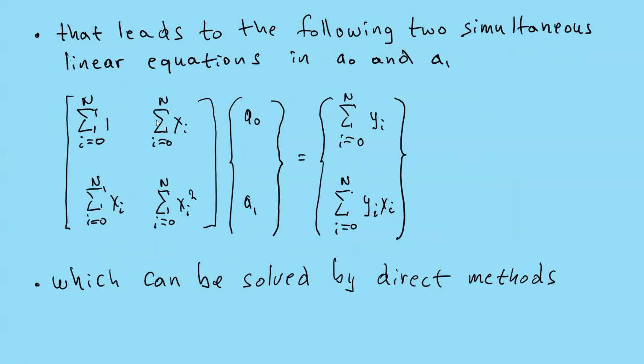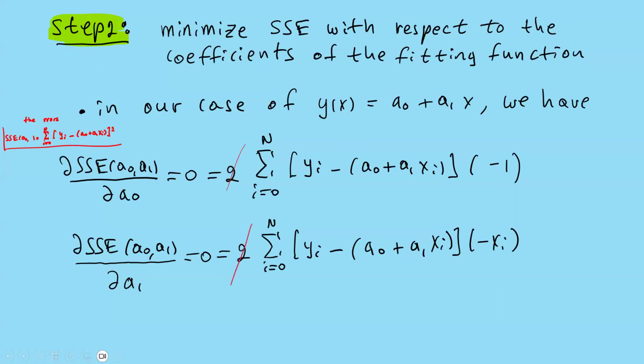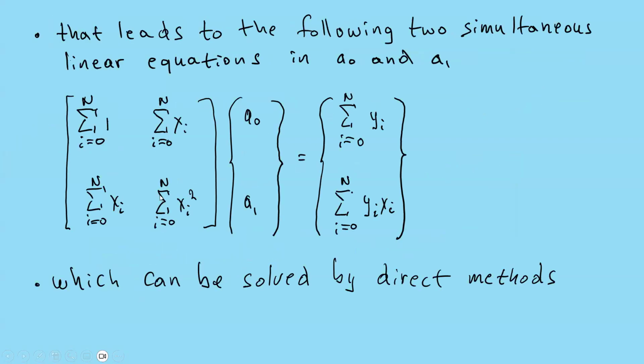A0 and A1 are the two variables that we have to find. This is the matrix found based on the partial derivative of the SSE with respect to A0 and A1, and this is the right hand side. Now we have two simultaneous linear equations and we can find A0 and A1. This is the answer of this fitting.